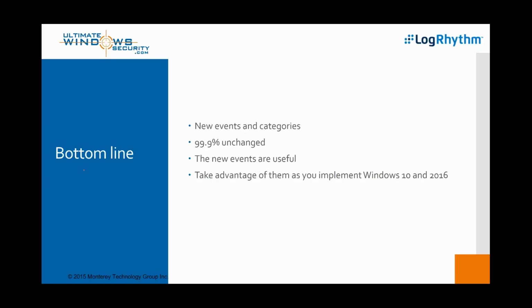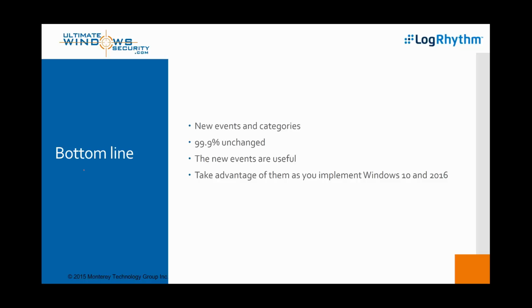Here's a question people ask me: how do I configure these new events? Some of them are new categories. How can I use group policy to turn this stuff on for Windows 10 and 2016 systems? Your domain controller does not need to be upgraded. You could just have one member server out there. You can still use group policy. You just need to edit the group policy object from one of these later versions of Windows.